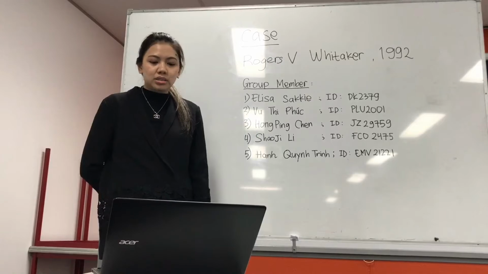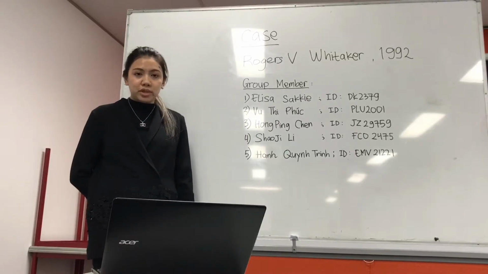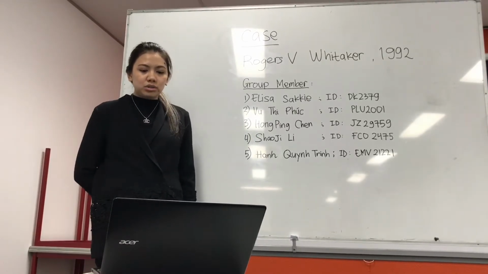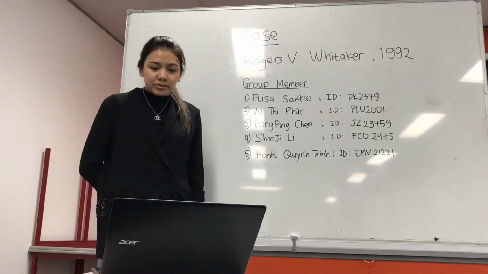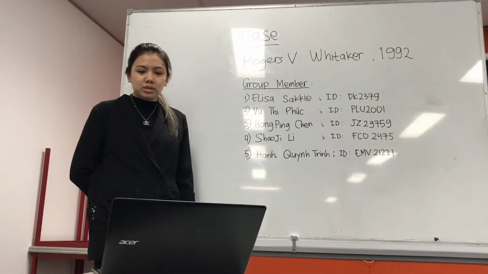The last one is the breach of the duty to warn of risk, saying the law should recognize that a doctor has a duty to warn a patient of a material risk inherent in the proposed treatment.